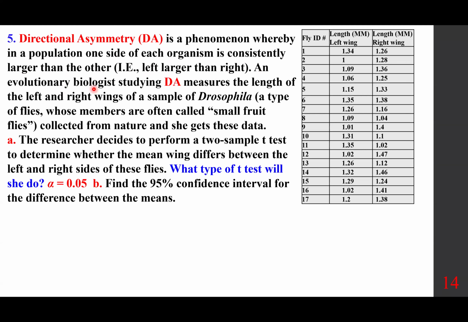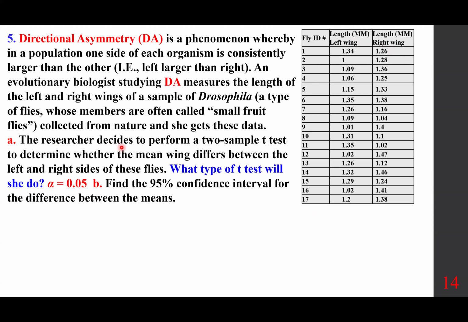An evolutionary biologist studying DA measures the length of the left and right wings of a sample of Drosophila, a type of flies often called small fruit flies, collected from nature, and she gets this data. We have 17 pieces. The left side in millimeters is 1.34, and the right side in millimeters is 1.26.